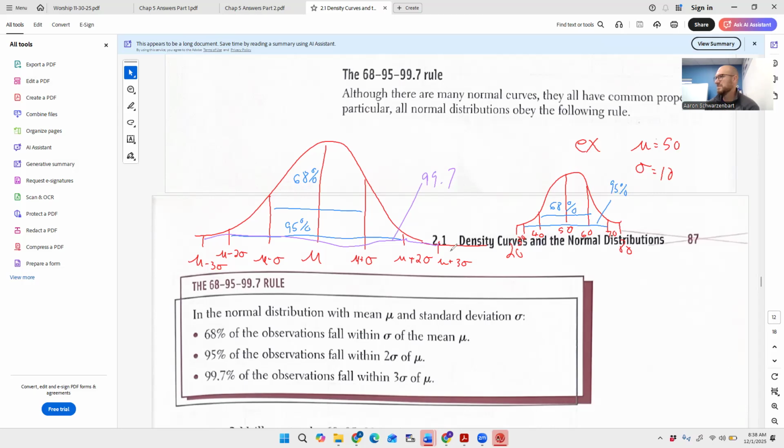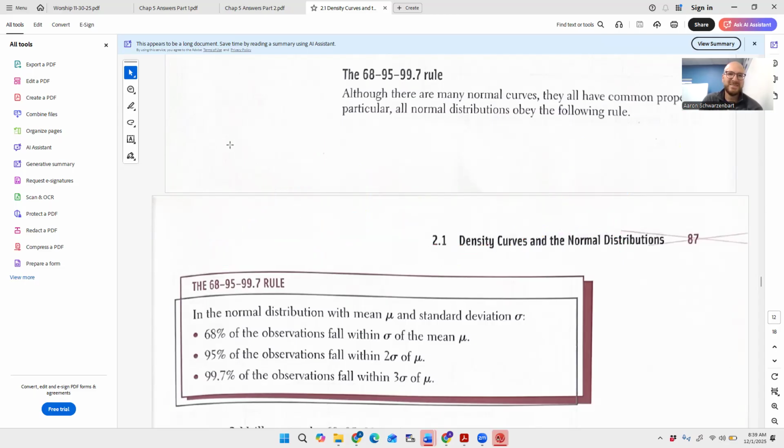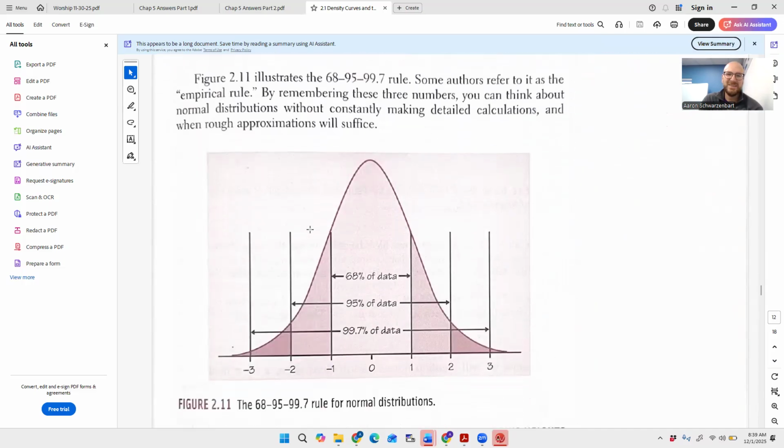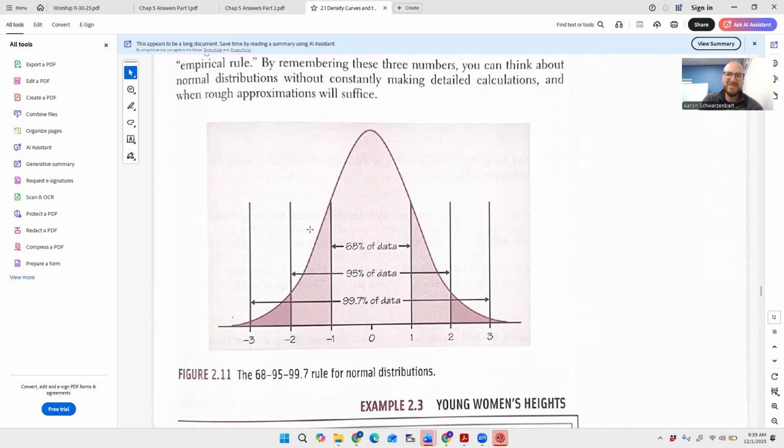One middle school something says this. Yes, you're going to have to get used to these Greek letters. They're Greek.